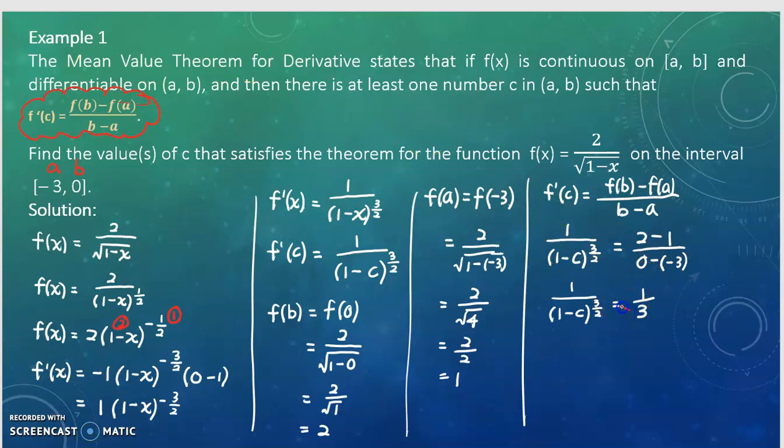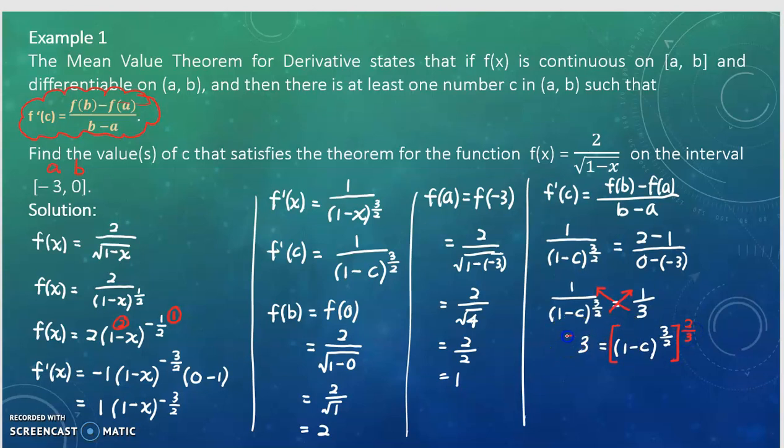Next, I will cross multiply. 3 times 1 is 3, equal to (1 minus c) to the power of 3 over 2. How are we going to eliminate the index of 3 over 2? From here, I will multiply by the power of 2 over 3.